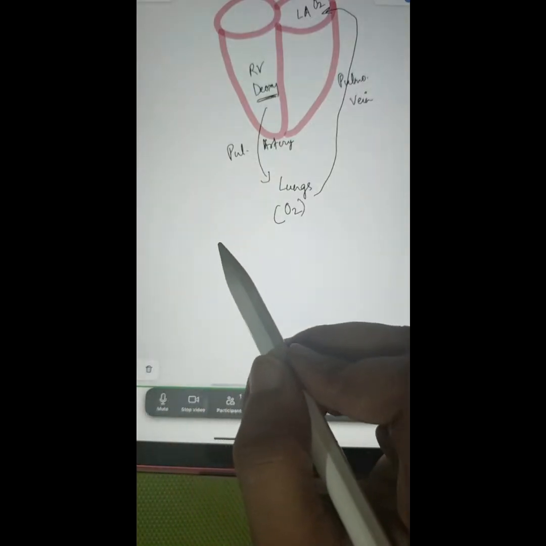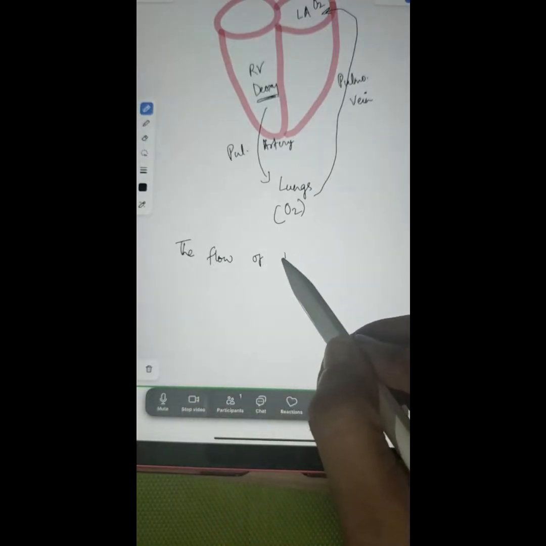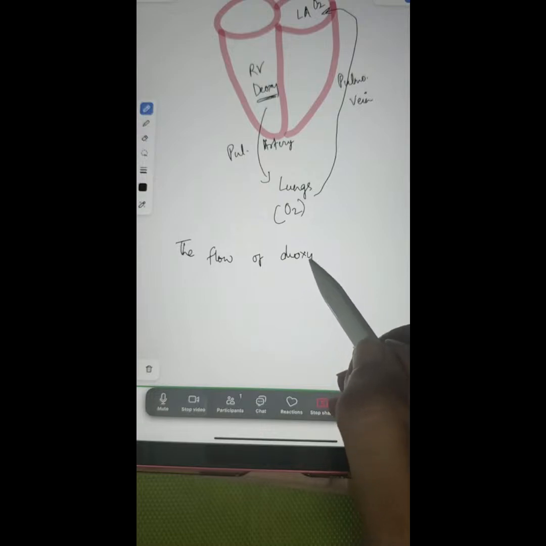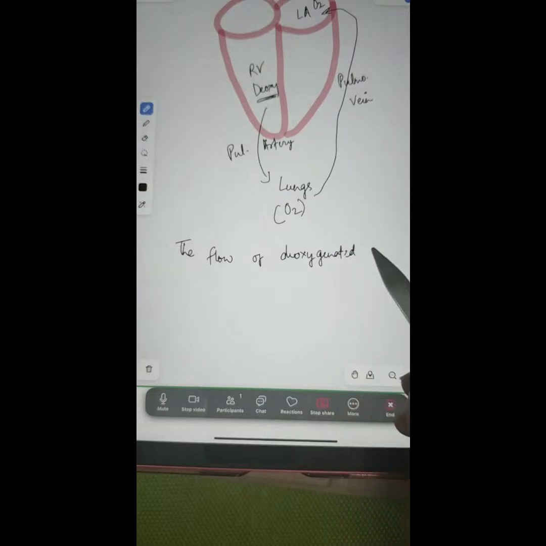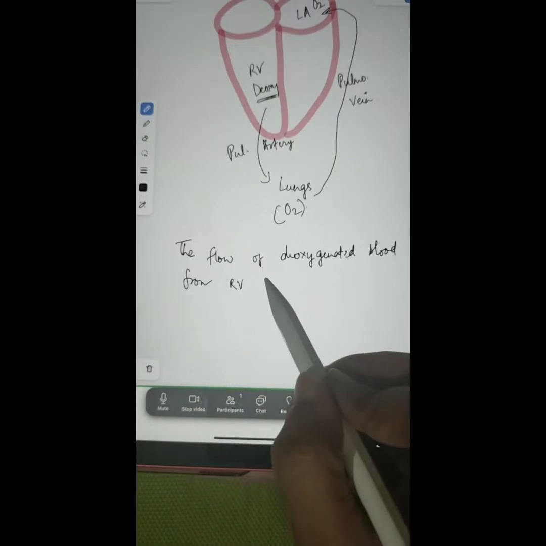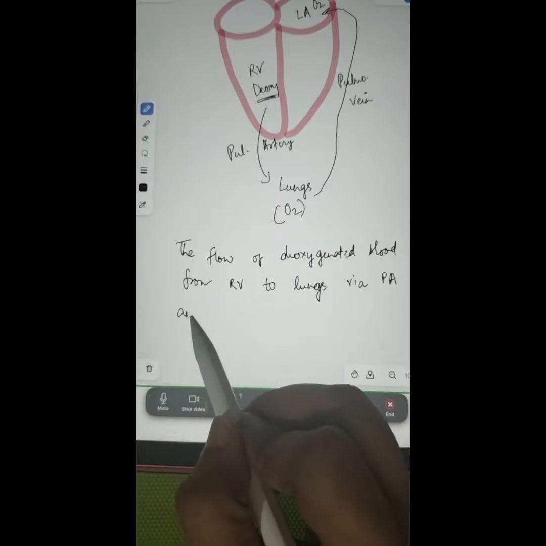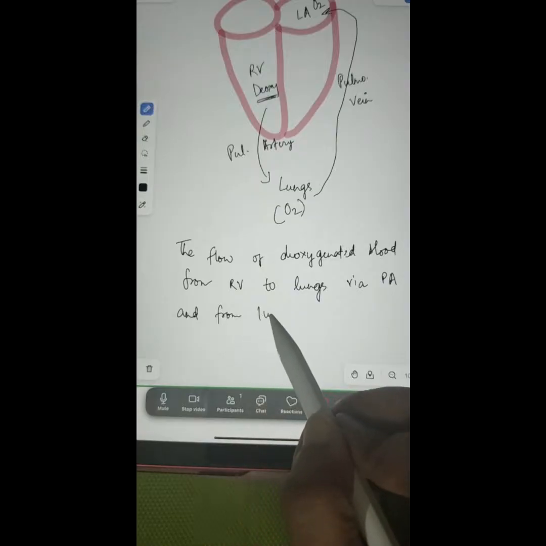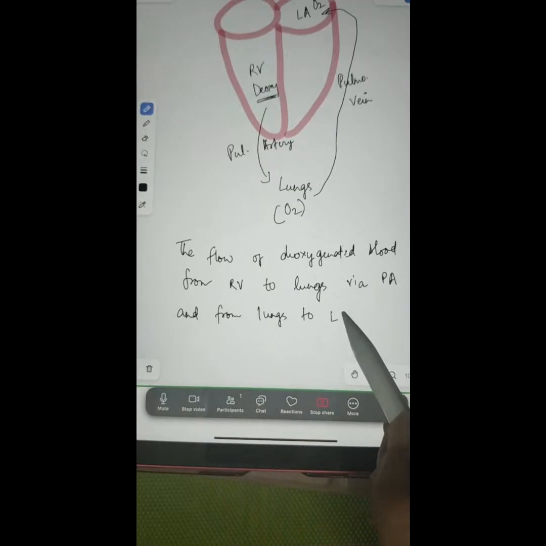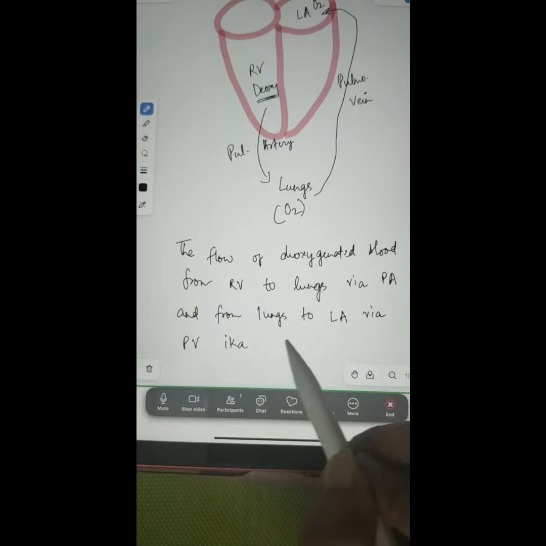So, we can define the pulmonary circulation as the flow of deoxygenated blood from right ventricle to lungs via pulmonary artery and from lungs to left auricle via pulmonary vein is known as pulmonary circulation.